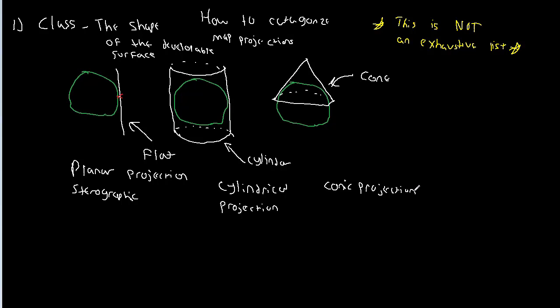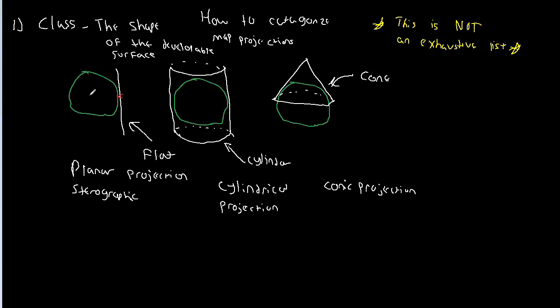Okay. So, why does the class of map projection matter? Well, I want you to think about for a second, if you were to take these and you were to cut them open, or take the planar projection and move it away from the Earth, what would you be left with?